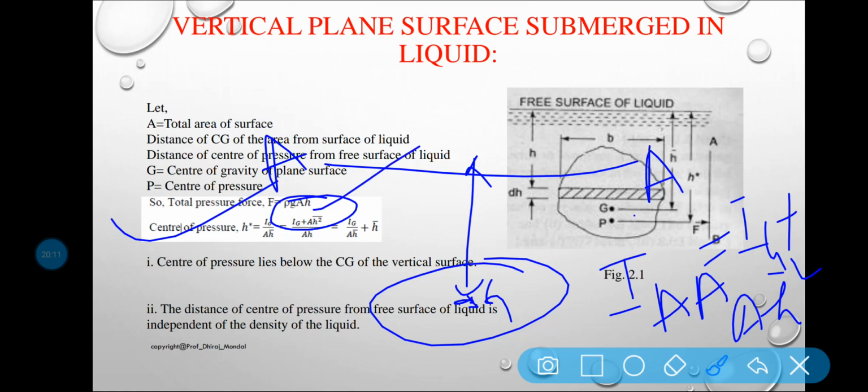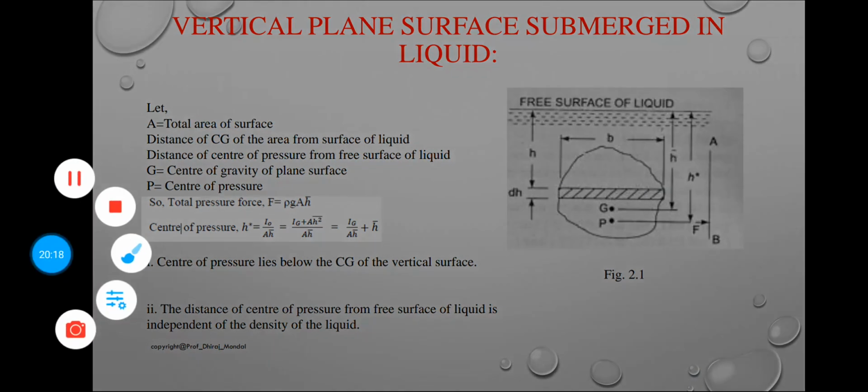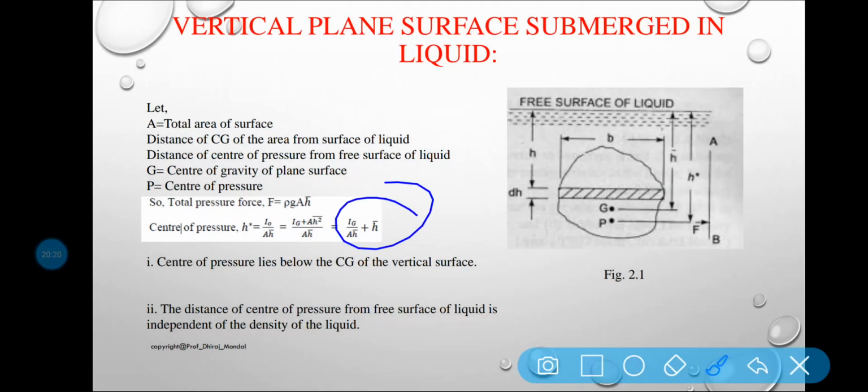So that is written here: Ig plus A H bar square. After simplifying, you will get H star is equal to Ig by A H bar plus H bar.